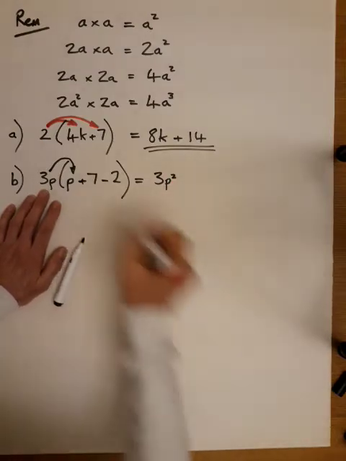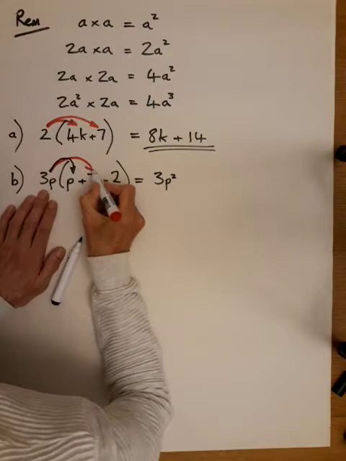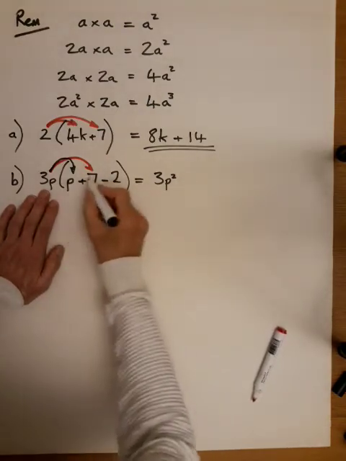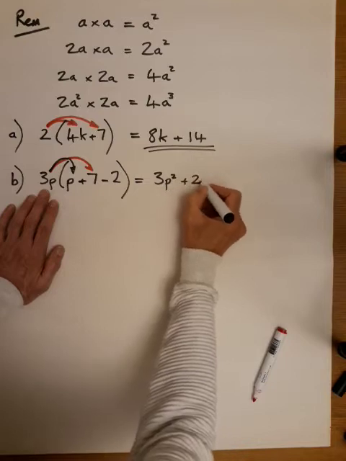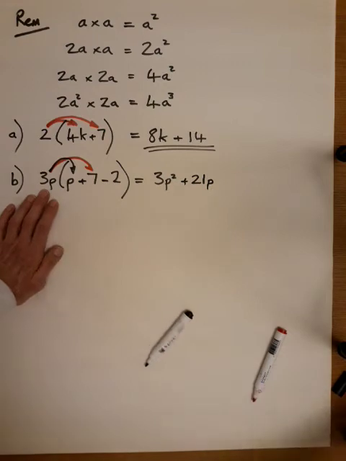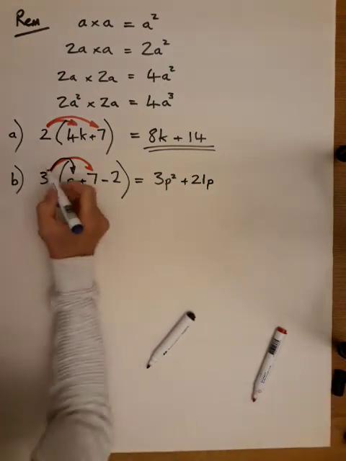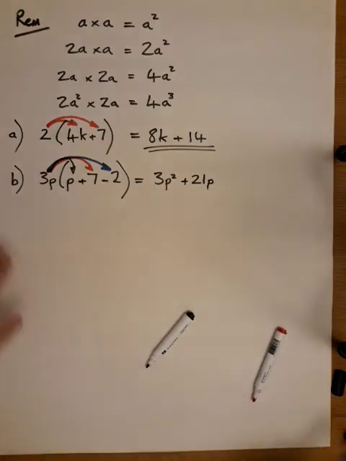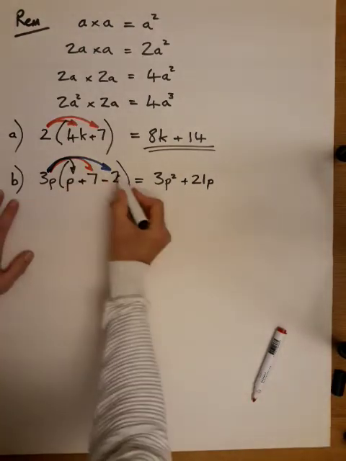Next one is 3p times 7. So that is going to be 3 7s, 21p. And the final step, 3p times 2. 3 2s are 6, 6p.